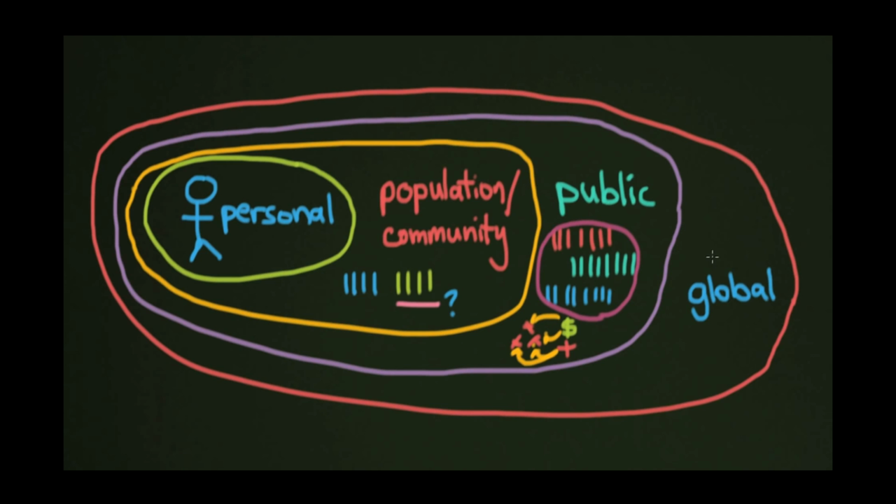Global health takes a look at everything, all the way down to the personal level. It also looks at community and public health. And actually, global health is in many ways like public health, but on a much bigger scale. Public health is often a country. Global health is for the whole world.